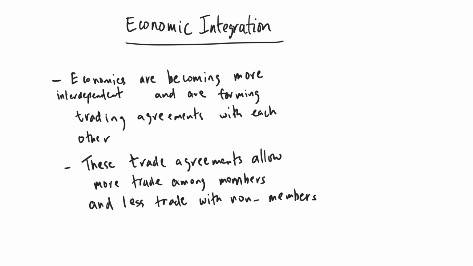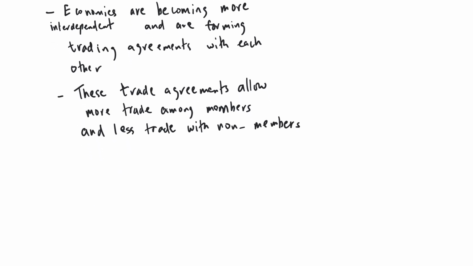So there are four forms of trade agreements that we're going to look at. The first one is what we call free trade area. The second one is what we call customs union. The third one is what we call common market.